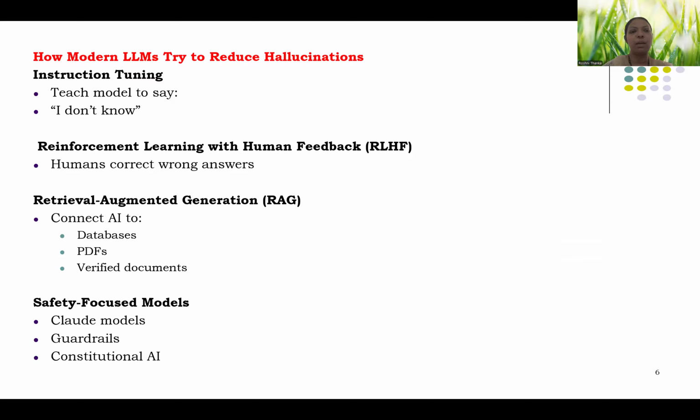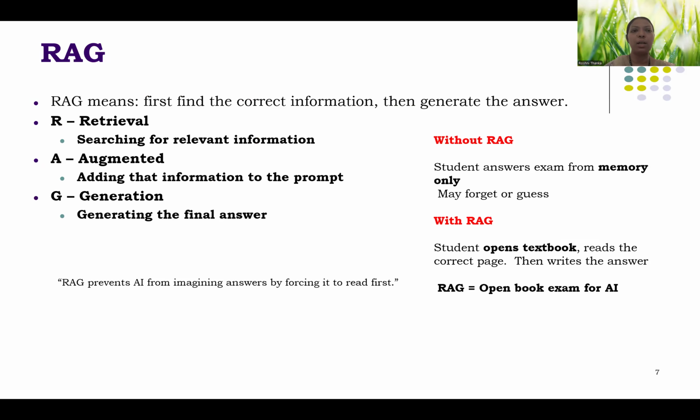To increase safety, you can use some models like Claude, or you can add guardrails, and you can use constitutional AI. These are the different ways by which we can reduce hallucination. As I already told you, RAG means it first finds the correct answer.